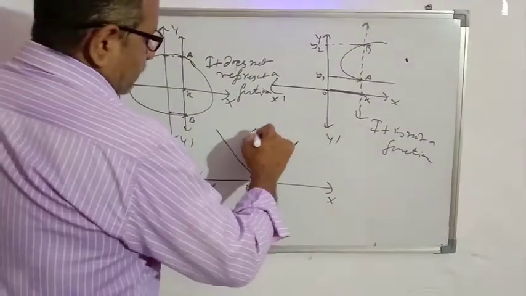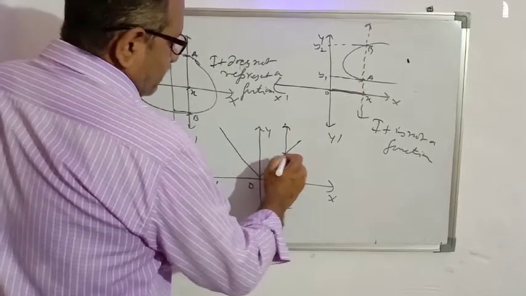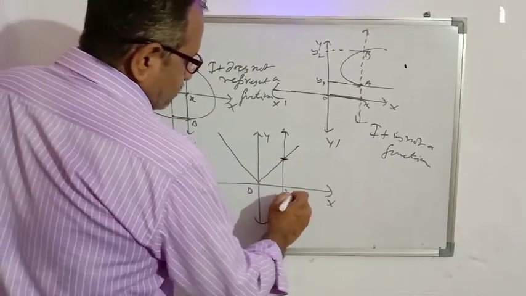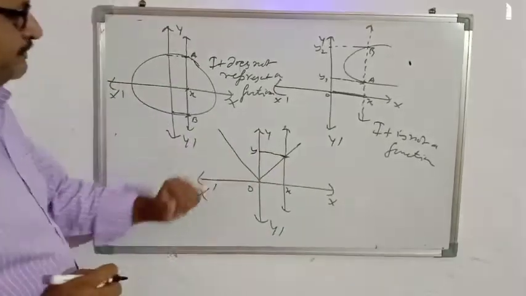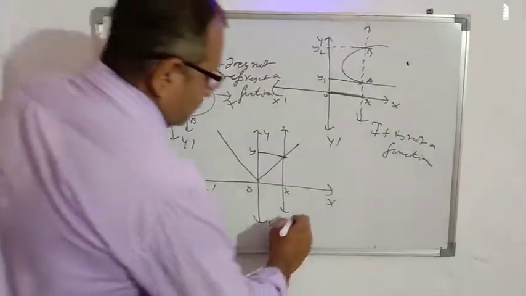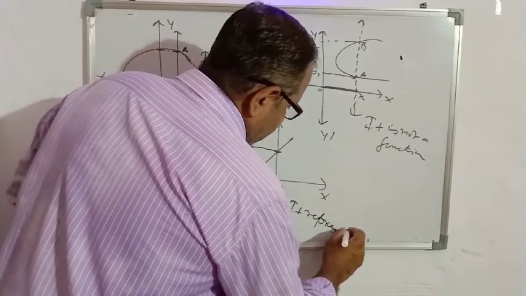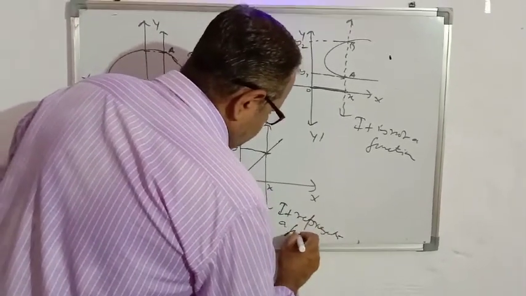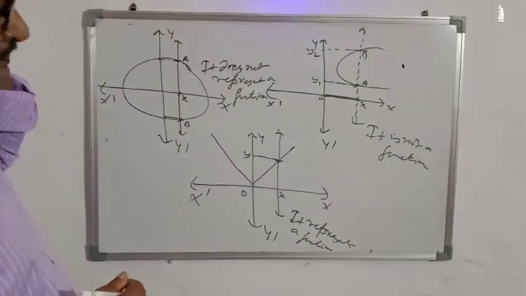If we draw a line parallel to the y-axis, it meets at only one point. So for one value of x, we are getting only one value of y. It represents a function. So with the help of a graph, we can study the function.